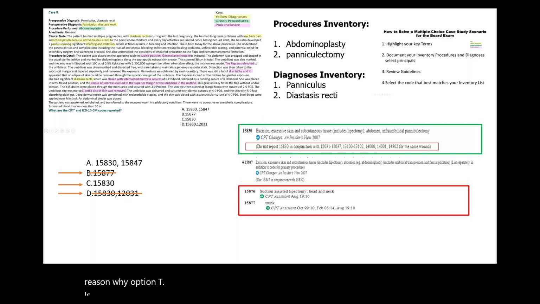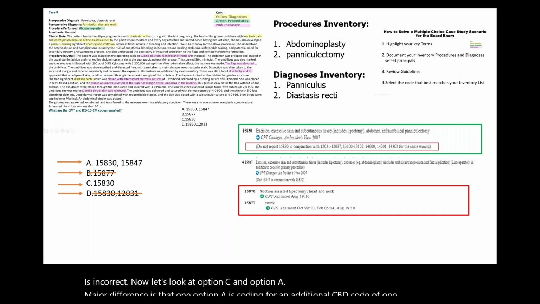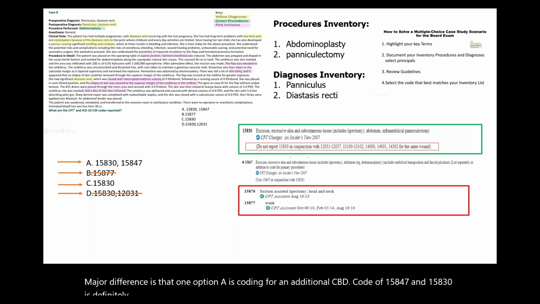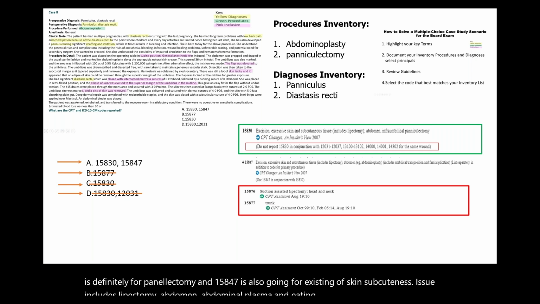Now let's look at option C and option A. The major difference is that option A is coding for an additional CPT code, 15847, and 15830 is definitely for panniculectomy, and 15847 is also coding for excision of skin, subcutaneous tissue, includes lipectomy, abdominoplasty, and it includes umbilical transposition and fascial plication.